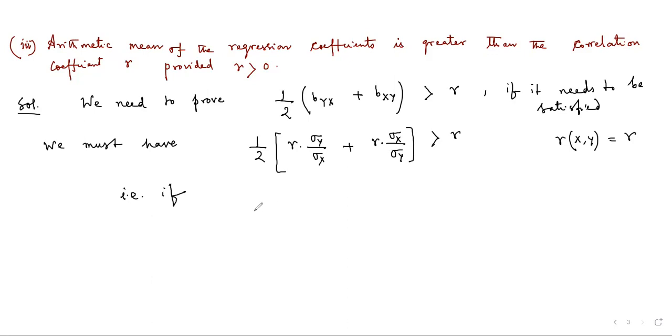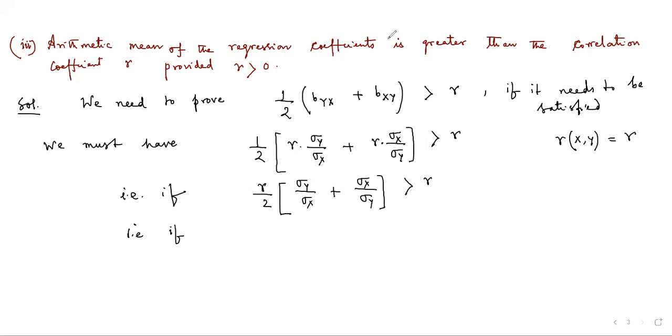Let us do a bit of calculation. Take r common, and we write r times (sigma y by sigma x plus sigma x by sigma y), and this must be greater than r.